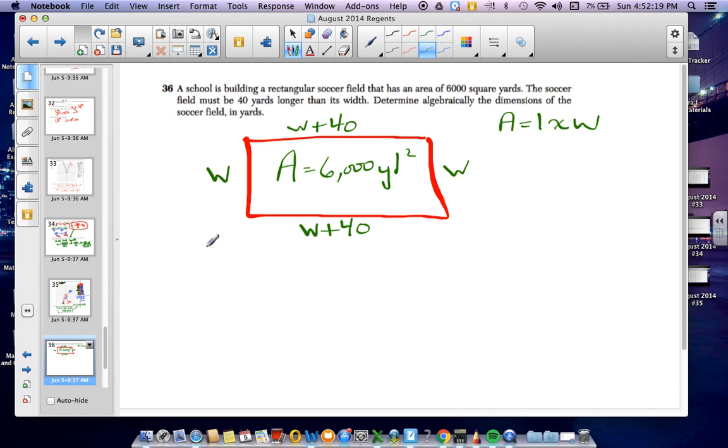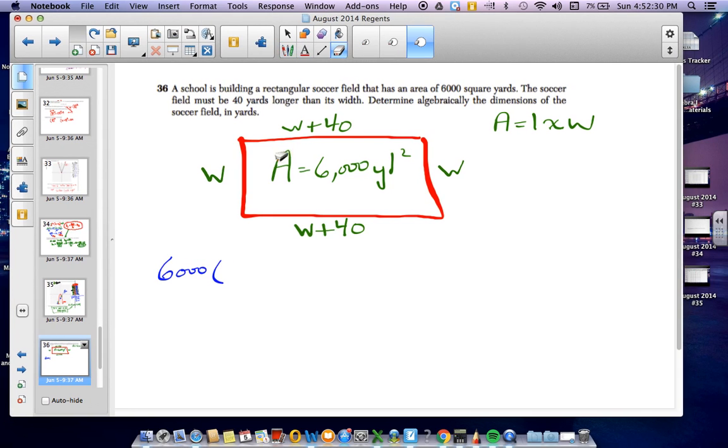So in our case, we're going to use our area formula to help us derive the equation, which is 6,000, the area, is equal to the product of the length and width, which would be W and W plus 40.